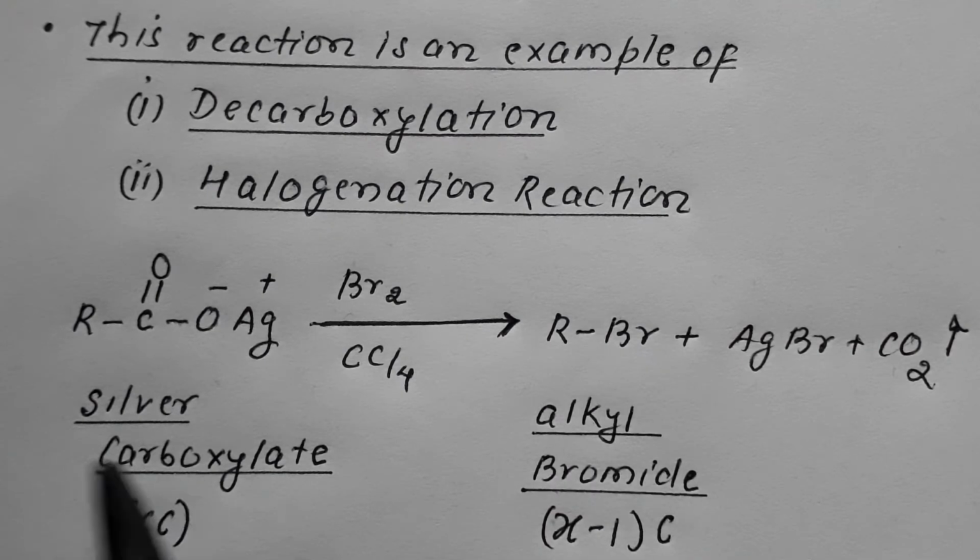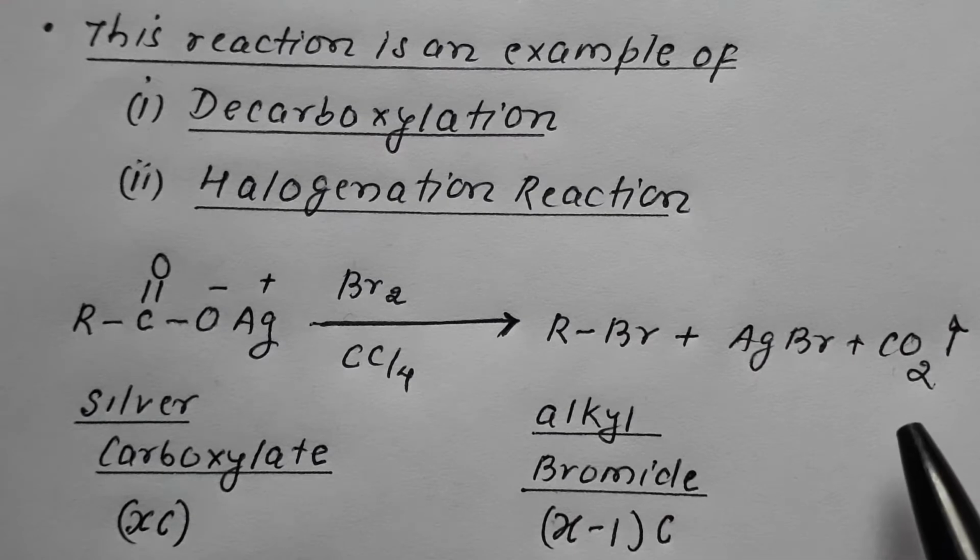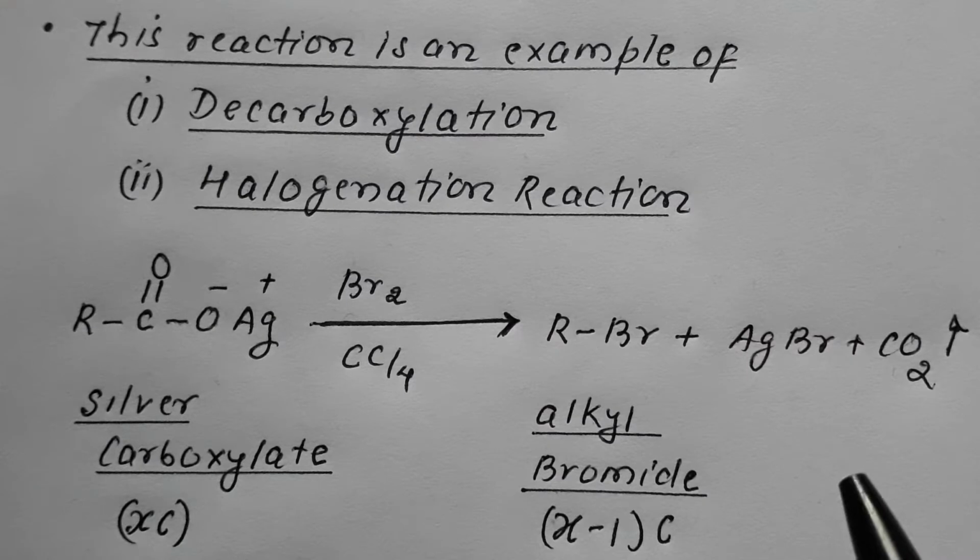So this silver carboxylate converts into alkyl bromide, but very important, since decarboxylation is taking place, this reaction will always result in descent of series. It is a very important descent of series reaction where if silver carboxylate contains X number of carbon, the alkyl bromide will definitely contain 1 carbon less, that is X minus 1 carbon.